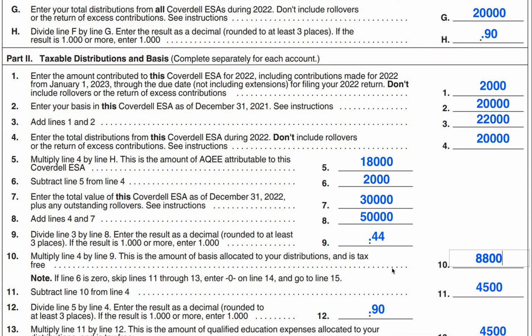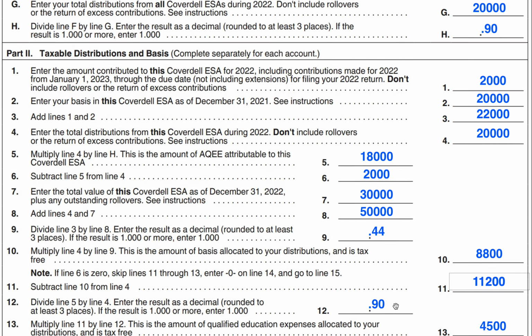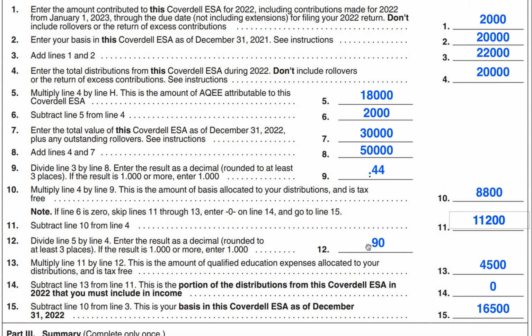That part is tax-free. So the rest of this is going to be $11,200. We're going to divide line 5 by line 4. We did that. We got 90% here.